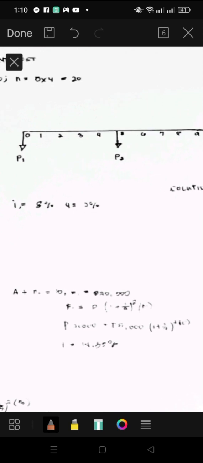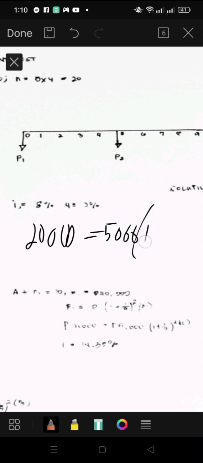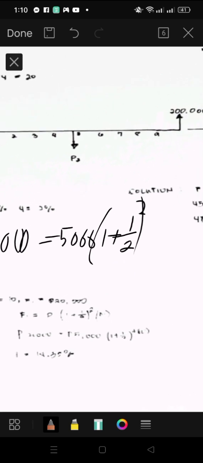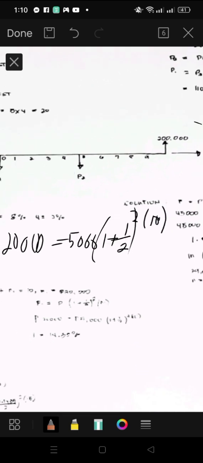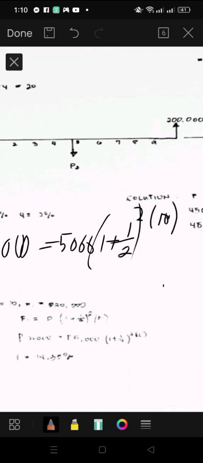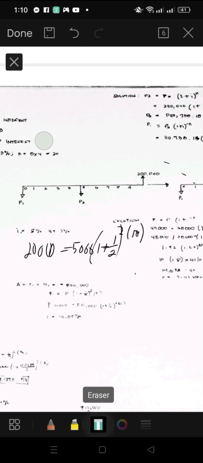So F1 is equal to 20,000, equal to P, 5,000, times the quantity 1 plus i over 2, and then raised to 2 times 10, since it is compounded semi-annually, as I have shown earlier.